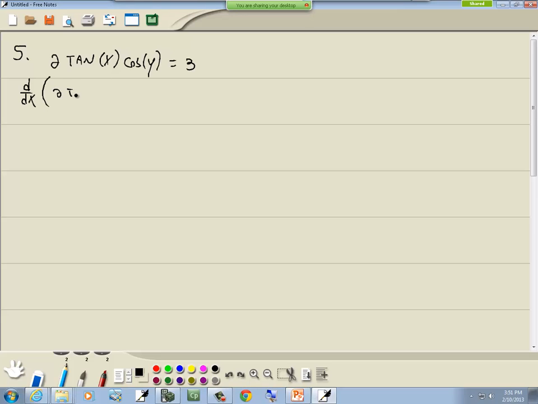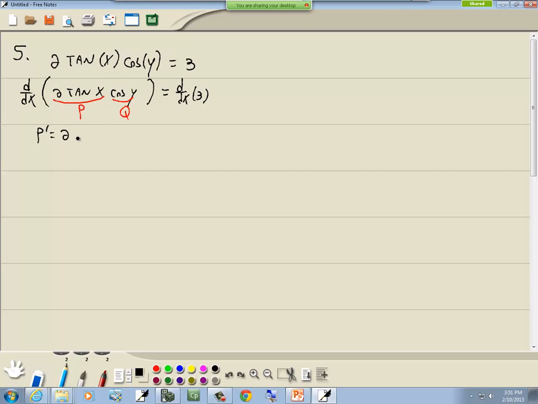So 2 tangent x cosine y, and we'll take the derivative of the 3 with respect to x. Now over on the left side, that 2 I could put out in front, or I could include it in. It doesn't matter. I'll include it in. The 2 tangent x will be my p, and then the cosine y will be my q. So p prime, the 2 carries down.